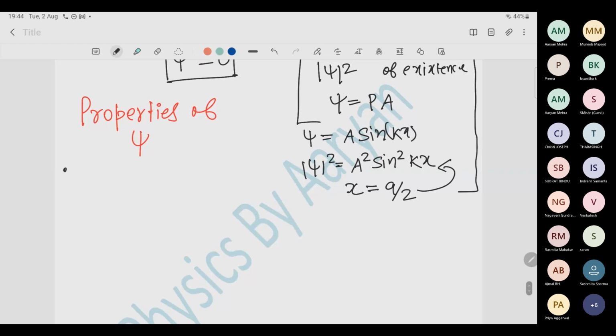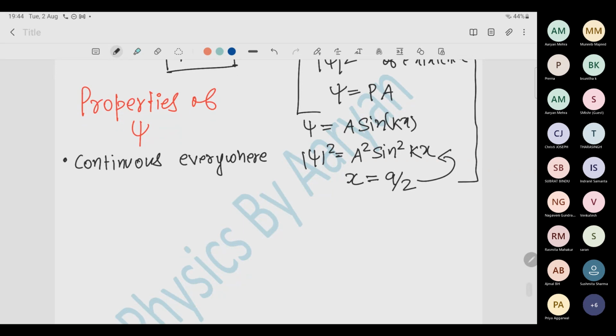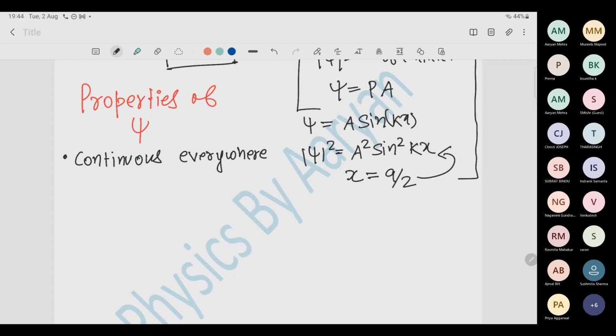This phi must be continuous everywhere. It is not possible ever in this universe that this phi is not continuous. If any function is not continuous, it cannot be a wave function. It must be single valued everywhere.